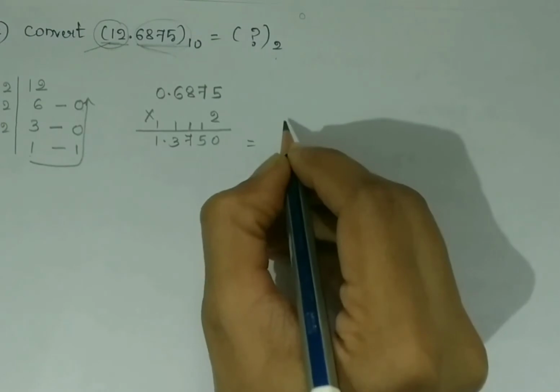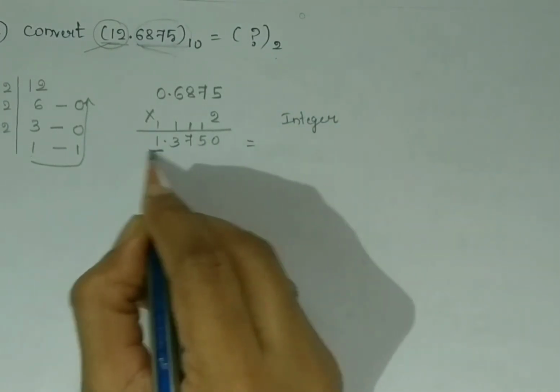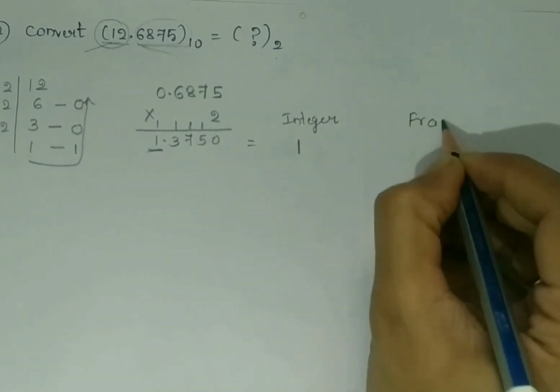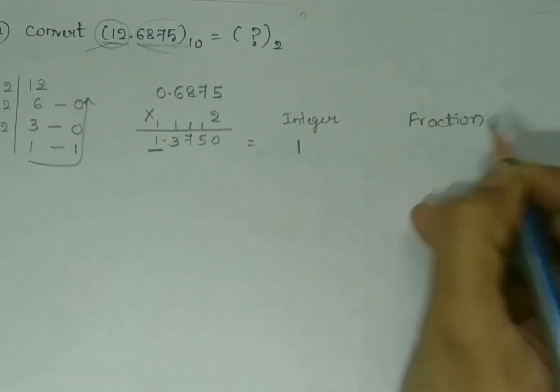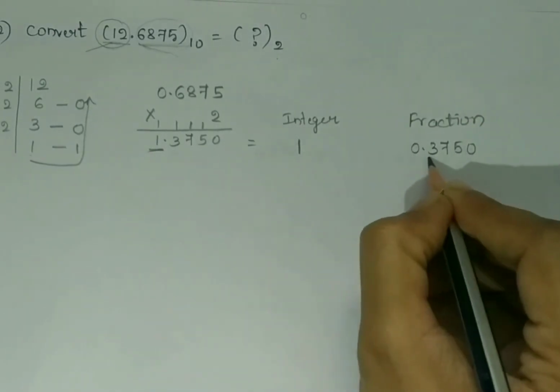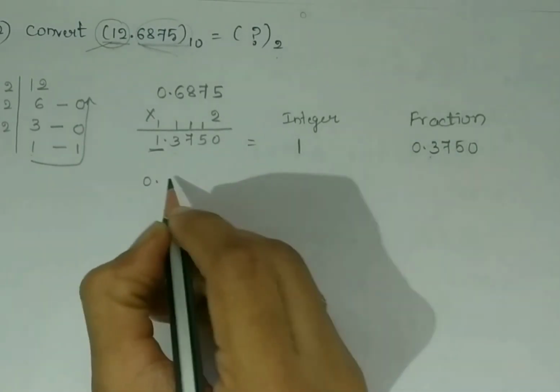Here you got the integer. Here I will write the integer part. Here you got the integer 1 and the fraction you got here. Now take this fraction and again multiply by 2. 3750.